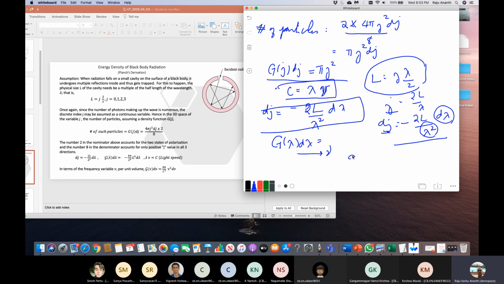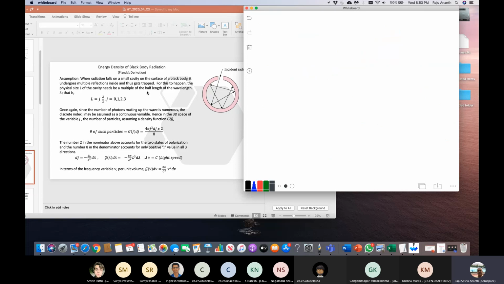In other words, lambda is C over nu, so d lambda will be minus C over nu square d nu. So I converted from dj to d lambda space, and from d lambda, I can convert to d nu space, the frequency space. That is what I've done basically. I'm just counting spaces and finding out what the distribution will be. So let's go to the next slide.